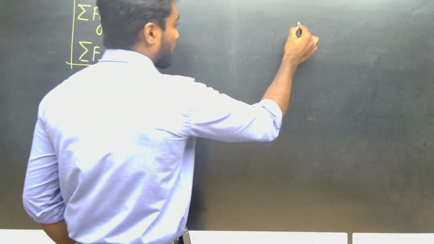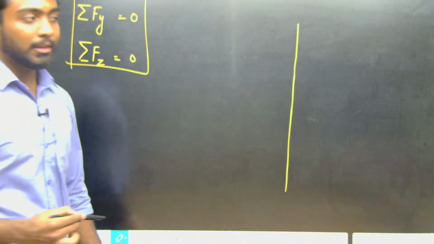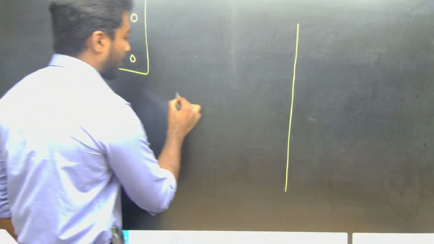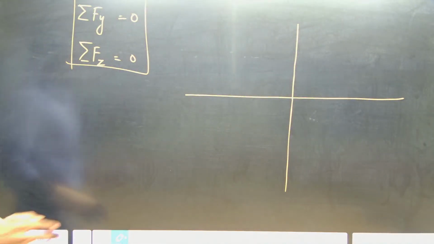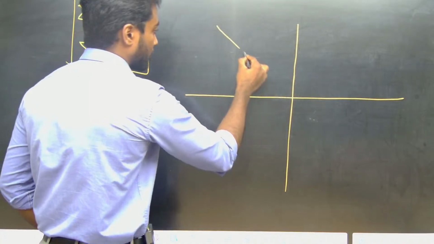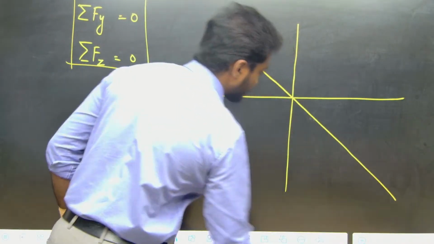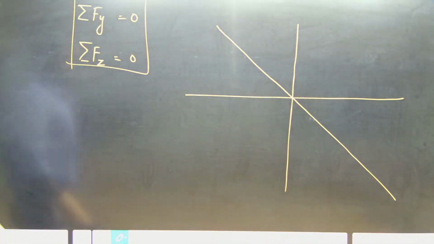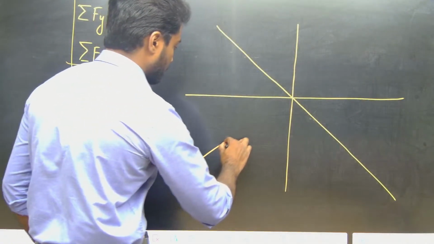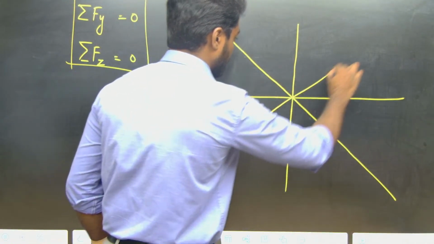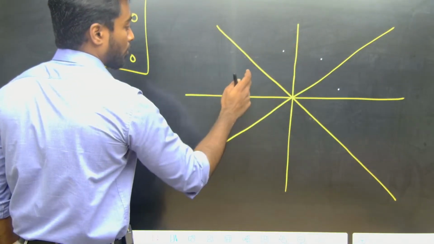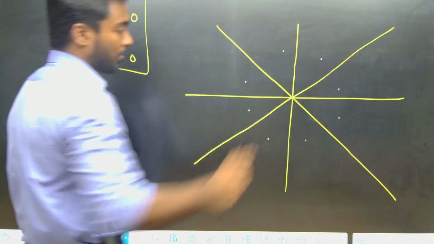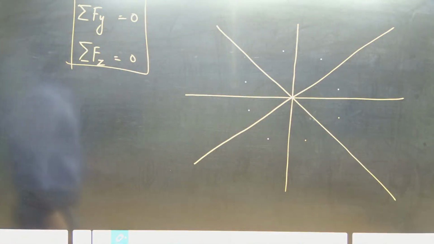So what you should do is draw the axis graphs. How many parts? 4 parts. Now again divide this one, again one more part. So how many parts are there? 1, 2, 3, 4, 5, 6, 7, 8. 8 parts, right?